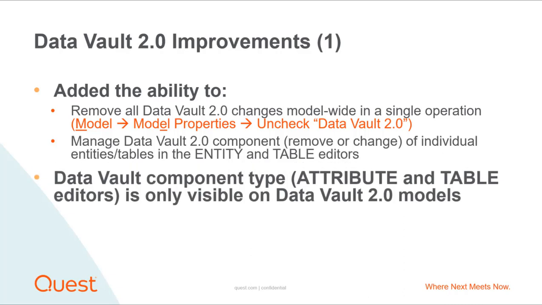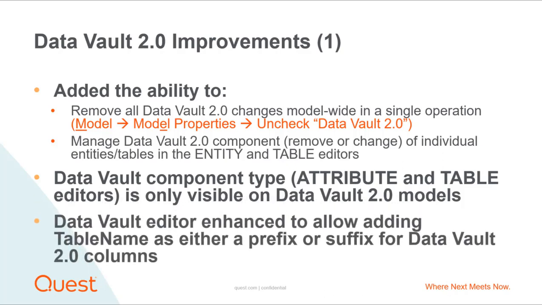Data Vault component type, both for attributes and tables, are only visible in their editors on Data Vault 2.0 model. And the Data Vault editor itself has been enhanced to allow adding table name as either a prefix or as a suffix for Data Vault 2.0 columns.